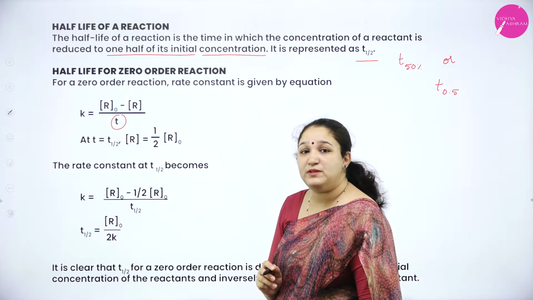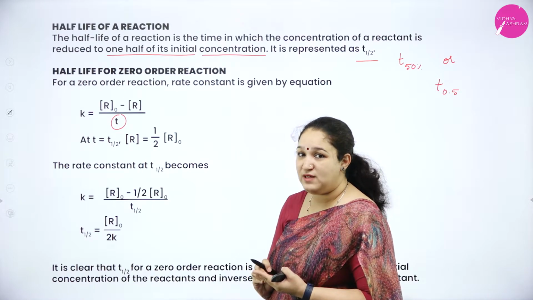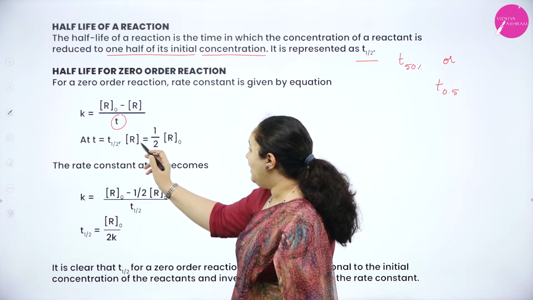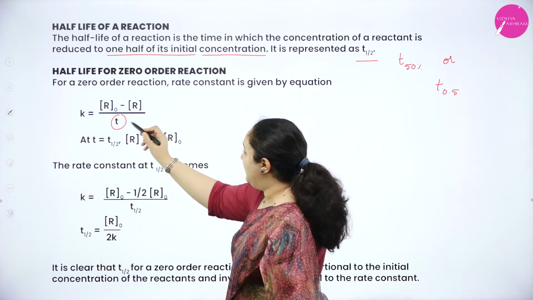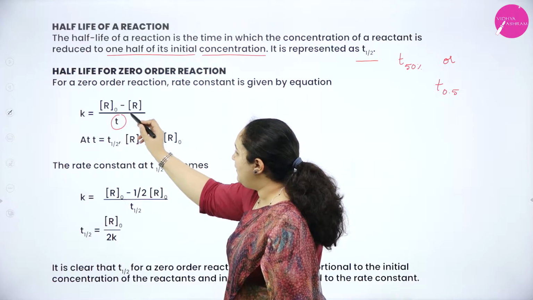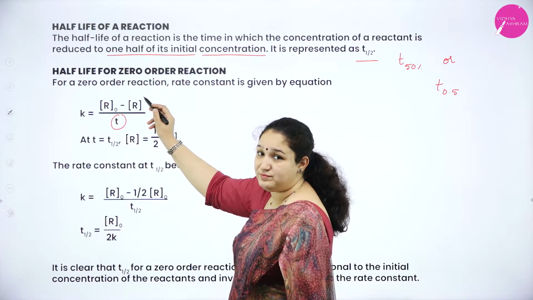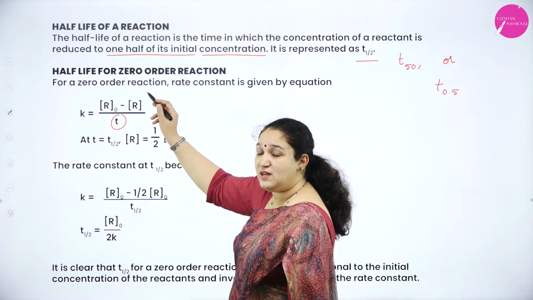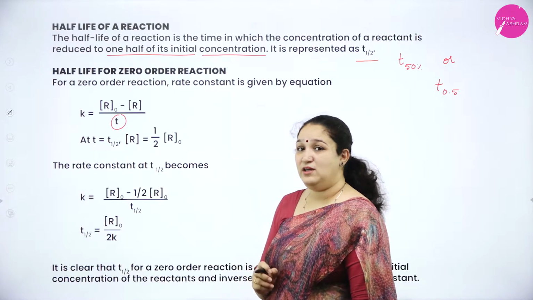What will happen to the concentration? That should also be half, isn't it? So R will be half of R naught. If this is T half, what will be R? That is the remaining concentration at T half, that is, the initial concentration divided by 2.